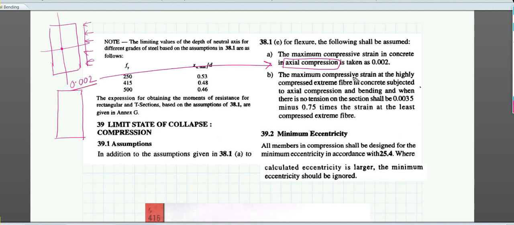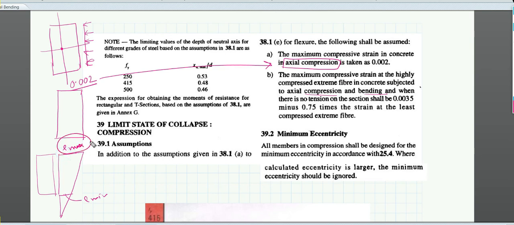And if the maximum compressive strain at the highly compressed extreme fiber in concrete is subject to axial compression and bending, I also told you that when there is an axial load as well as bending moment, both acting, that means we are having a distribution like this. In that case, suppose this is the column, and we'll be having epsilon minimum over here, and epsilon maximum over here.